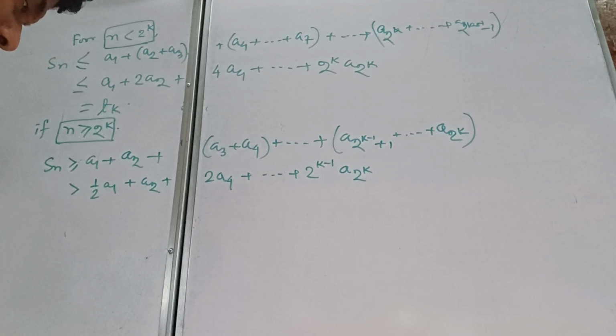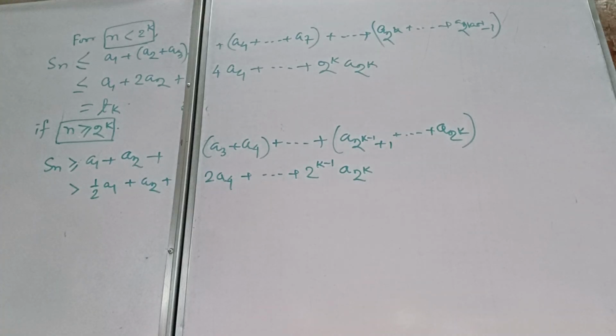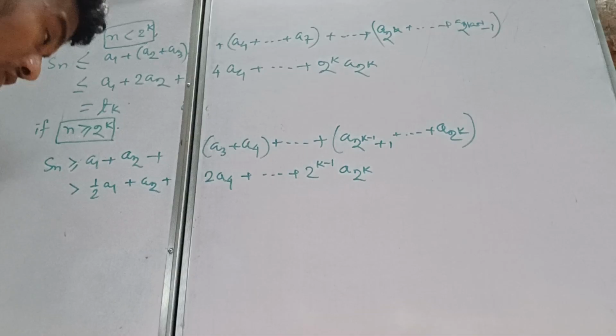We also see that in the statement of the theorem it is given that a_n is a decreasing sequence. If a_n is a decreasing sequence, that means a1 is greater than or equal to a2 is greater than or equal to a3. So we put this one, and we also use this one.